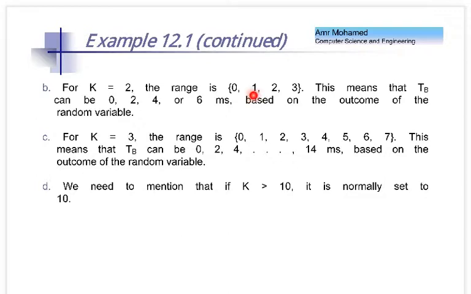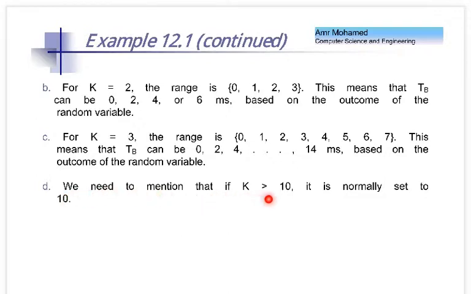If the random number is 1, then the node will have to wait for 1 propagation time. If the number generated is 2, then the node will have to wait for double the propagation time, and so on. So when k is equal to 3, the range becomes 0, 1, 2, all the way to 7, which is 2 to the power k minus 1.